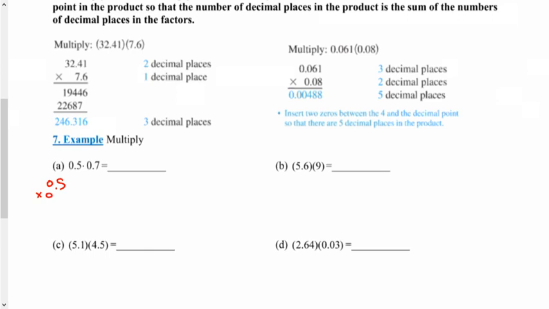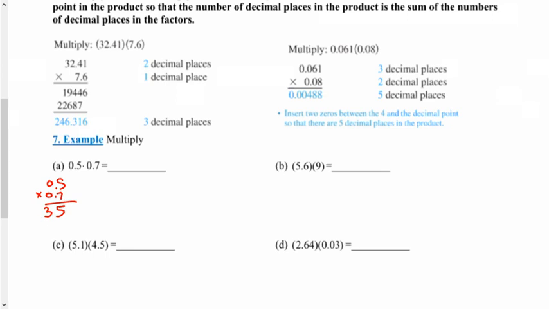What we're going to do is multiply 0.5 times 0.7, and now we just kind of ignore the decimals. When you're multiplying, they're not all that important, right? 7 times 5 is 35, so I'll put my 5 here, and then I'll carry the 3, and 7 times 0 is 0 plus 3, okay, so 35.